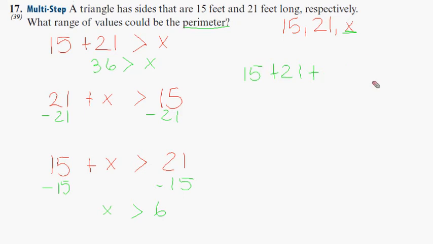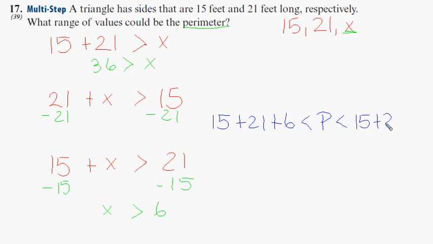so let me just erase this and write it a little bit smaller, and you'll be able to see this a little bit better. Okay, so we know 15 plus 21 plus 6 is on the short end of our spectrum, or the small value of x, so the perimeter has to be greater than that, okay? And then the other option is 15 plus 21 plus 36, okay?